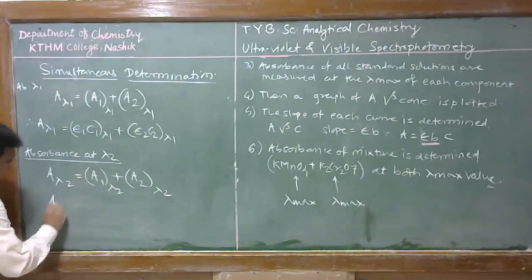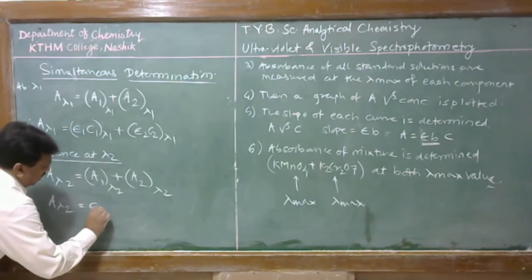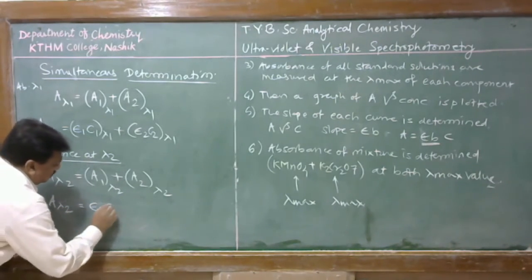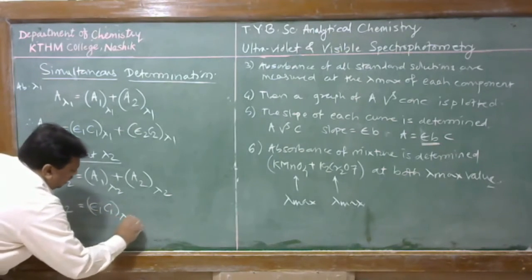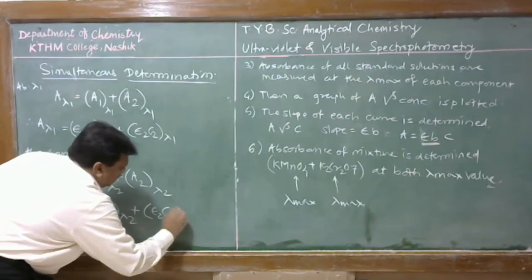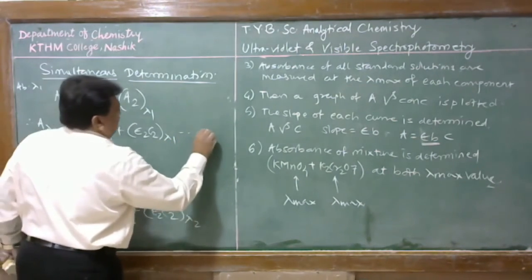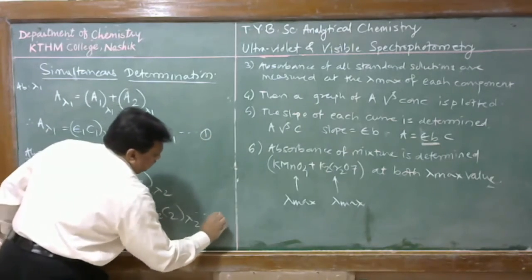Then A at lambda 2 is equal to epsilon 1 into C1 at lambda 2 plus epsilon 2 into C2 at lambda 2.